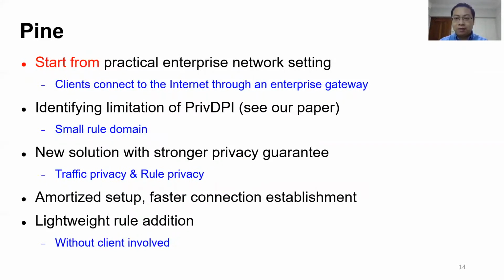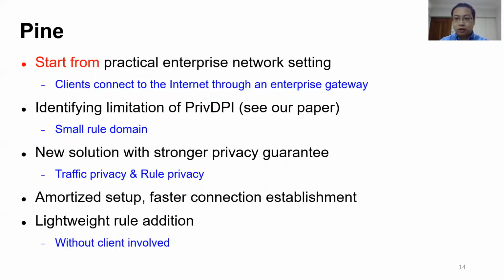Given the above security and privacy concerns, we propose PI, a new protocol for privacy-preserving deep packet inspection on encrypted traffic for a practical enterprise network setting where the clients connect to the internet through an enterprise gateway.